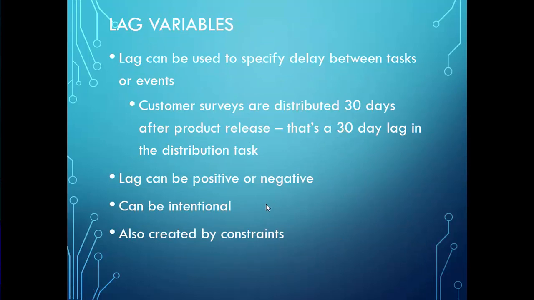The lag variability can be used to specify the delay between tasks or events. We might have some kind of a lag time in an activity. It can be positive or negative. Also, it creates some constraints on the project activities.